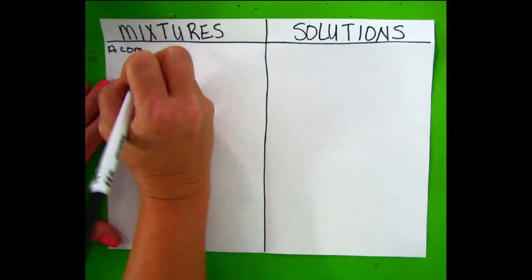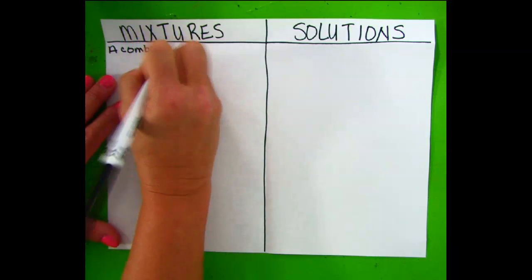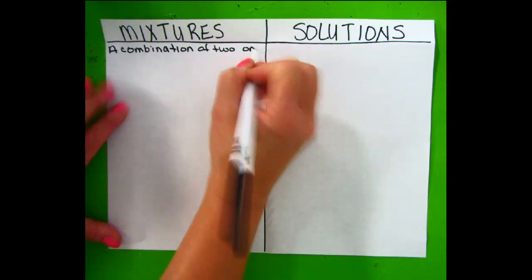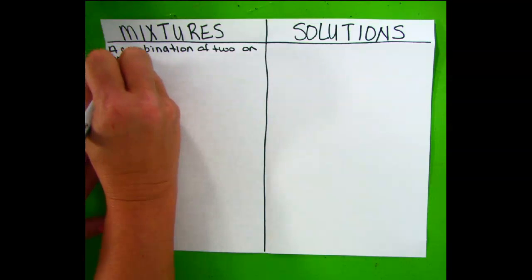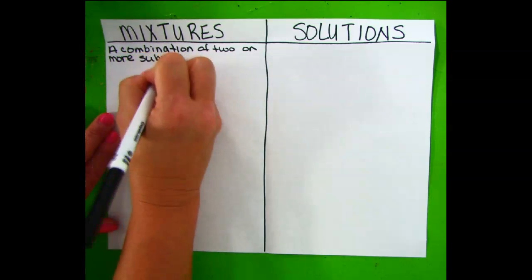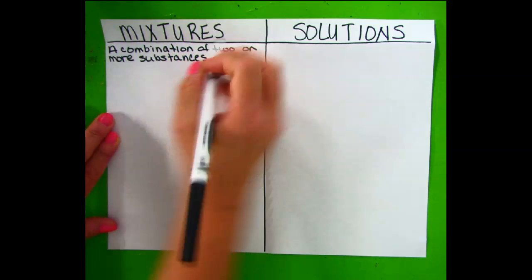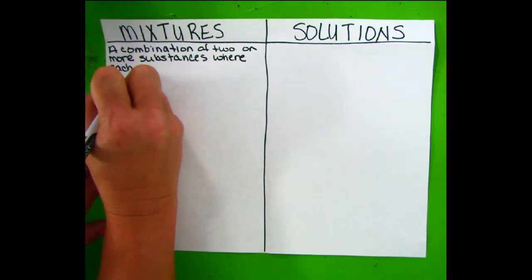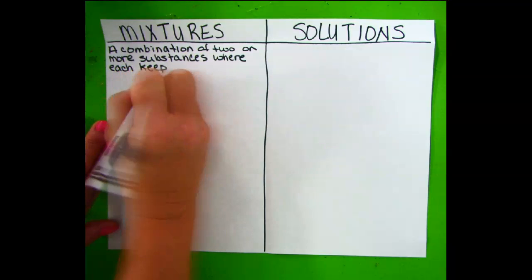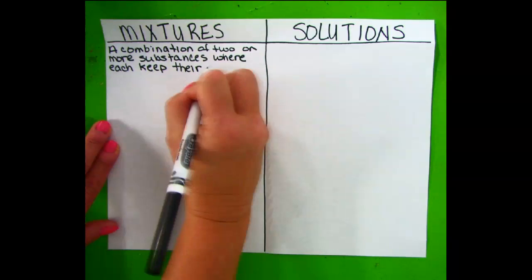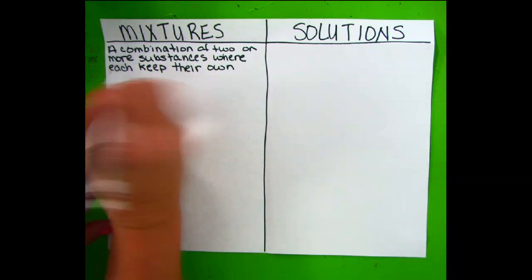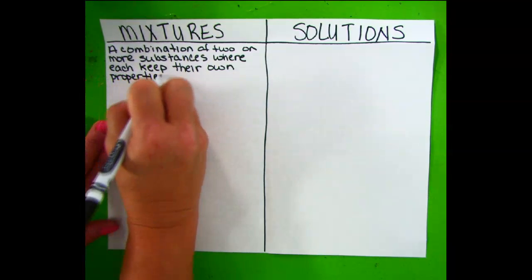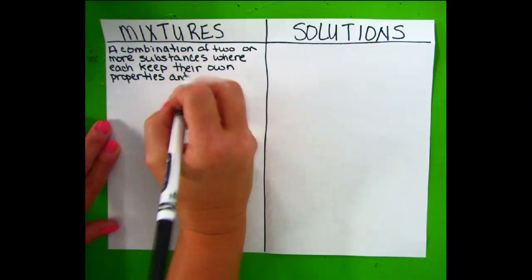So it's a combination of two or more substances where each keep their own properties and are easily separated.